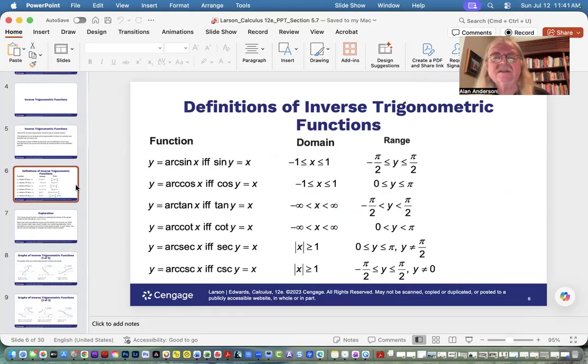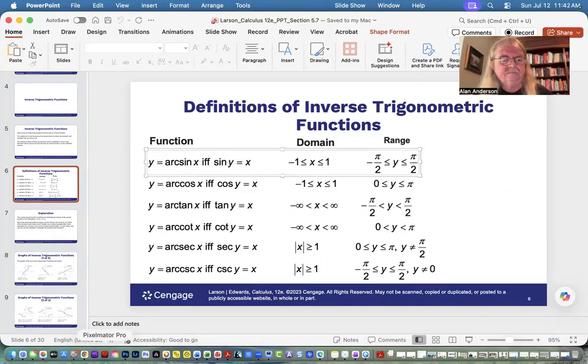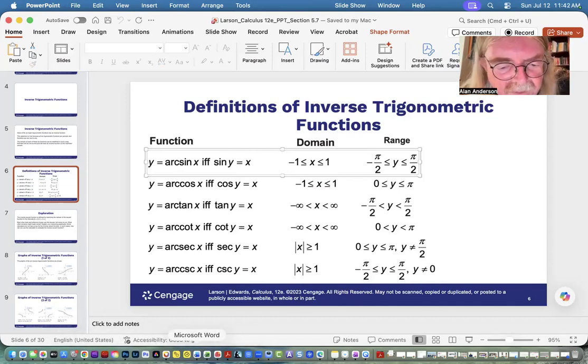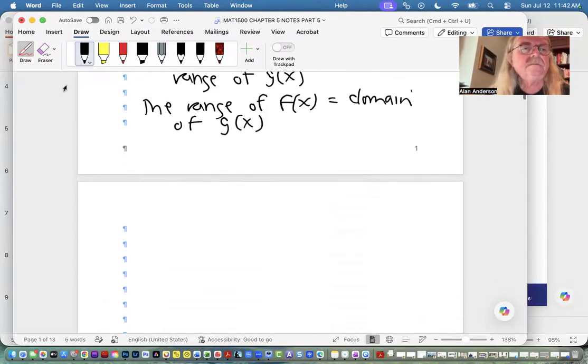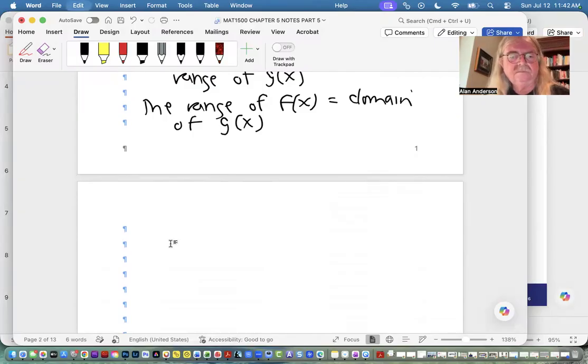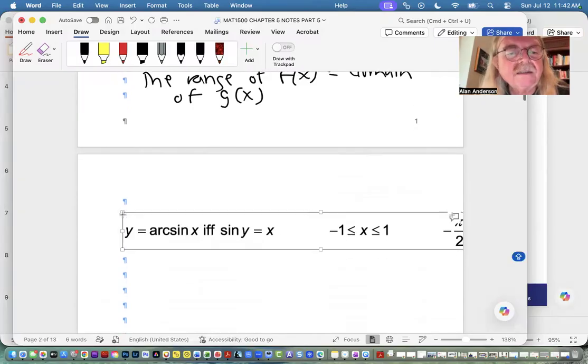All right, so with all that being said, this is the formal definition of these functions. And this is a little bit more formal. If you notice this IFF here, let's use this as our starting point. So what exactly does that mean?